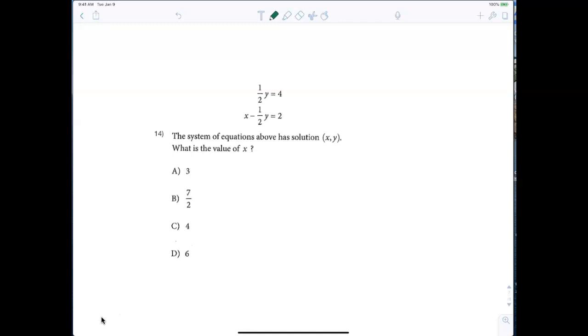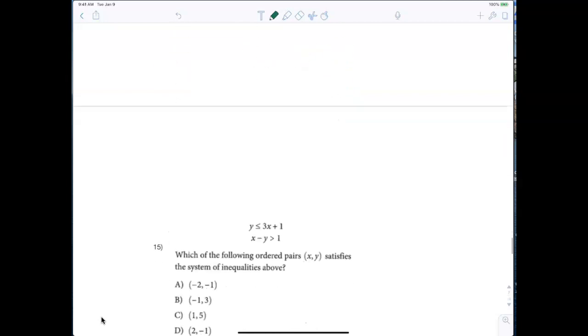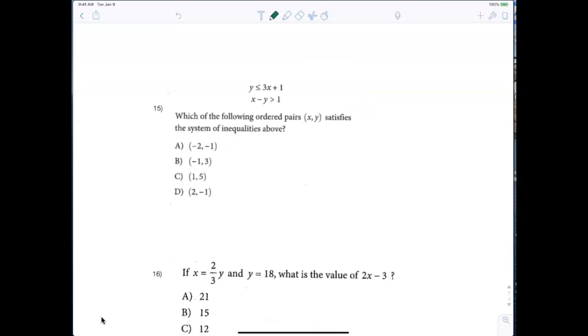Half of 8 is 4, not half of 2. So y had to be 8. Now you can plug it in if you want. You good? All right, let me see something else. On 15, I want you to substitute in the answers. See which one is correct. Be careful.